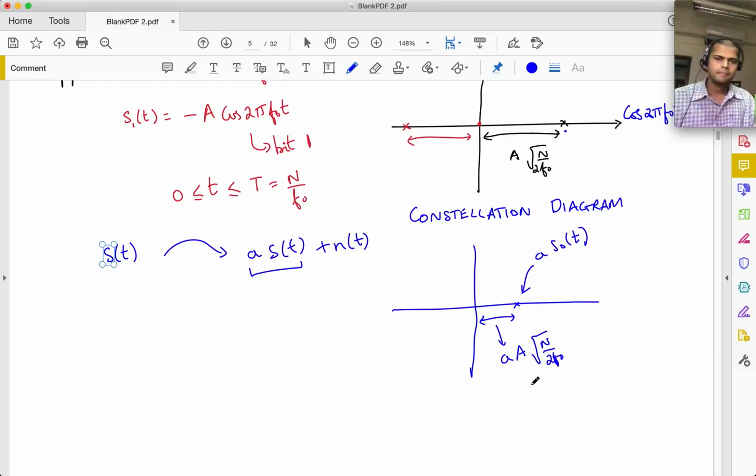And you can verify that by taking the dot product of this signal with Ex and so on. This was the signal that I transmitted, but by the time it reached the receiver it got attenuated, so it actually shifted over here.